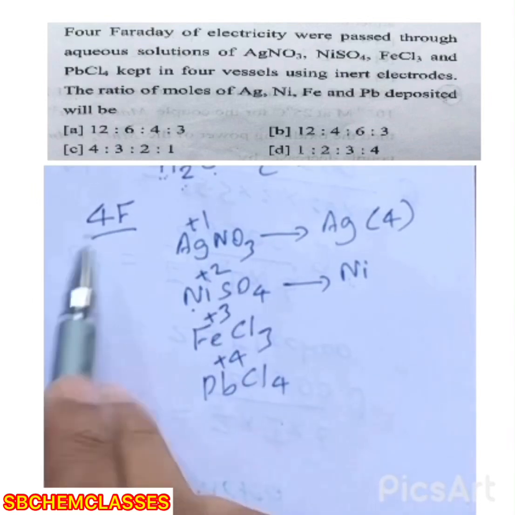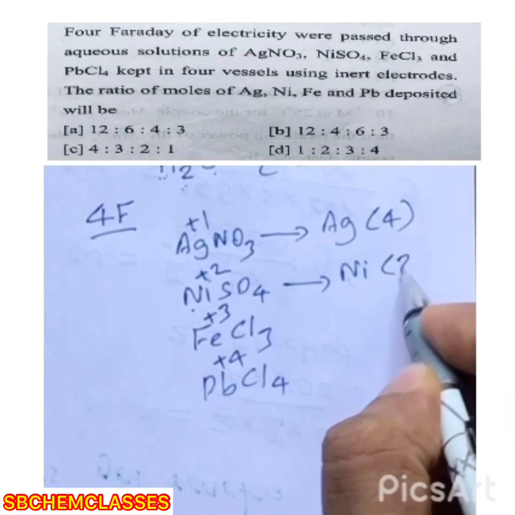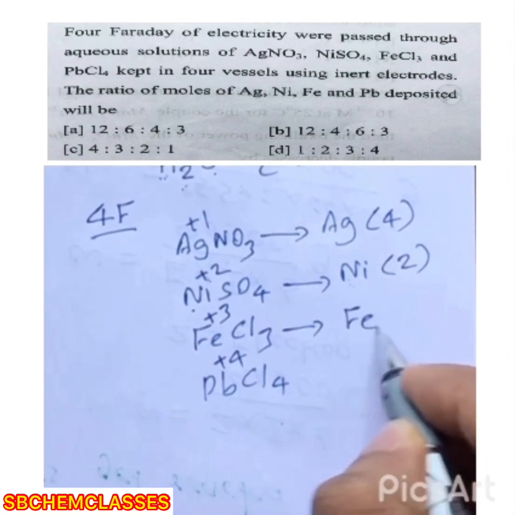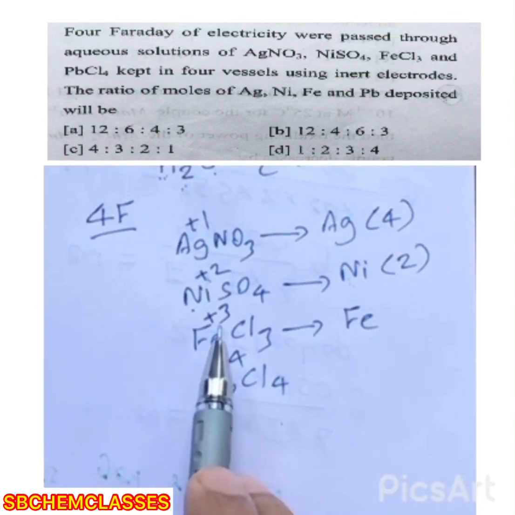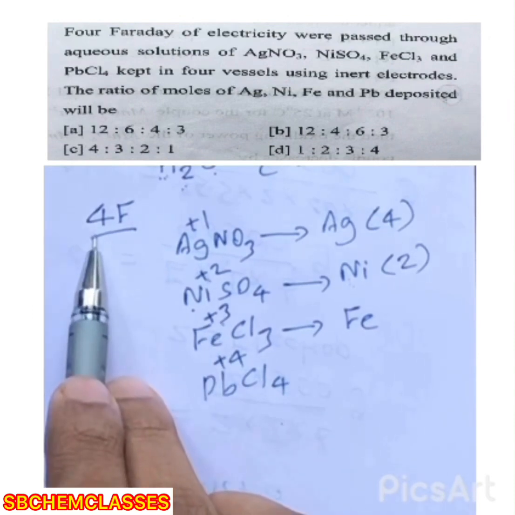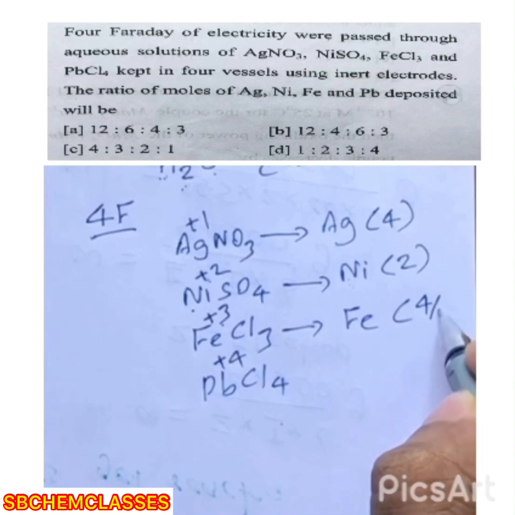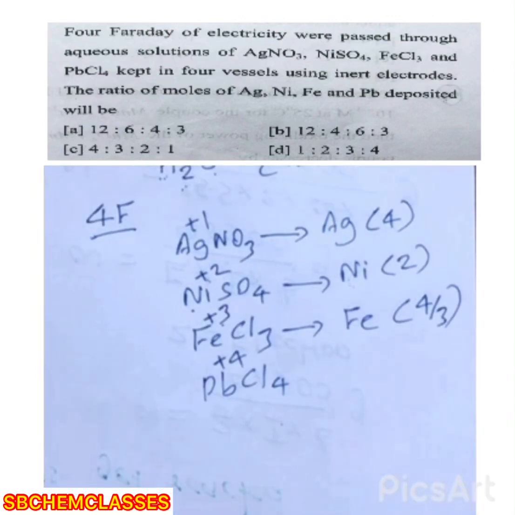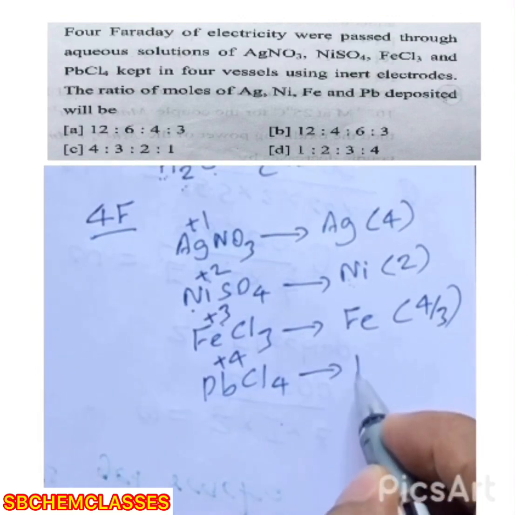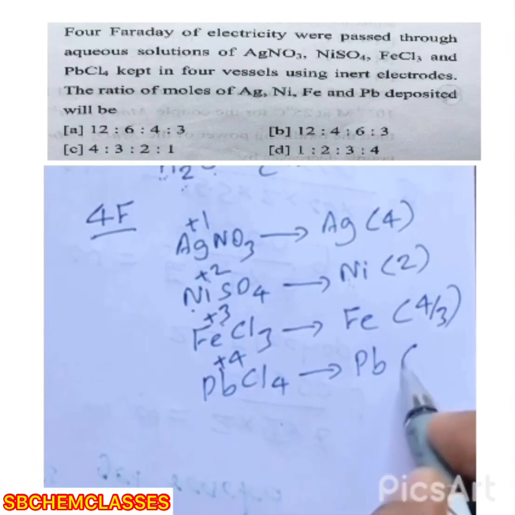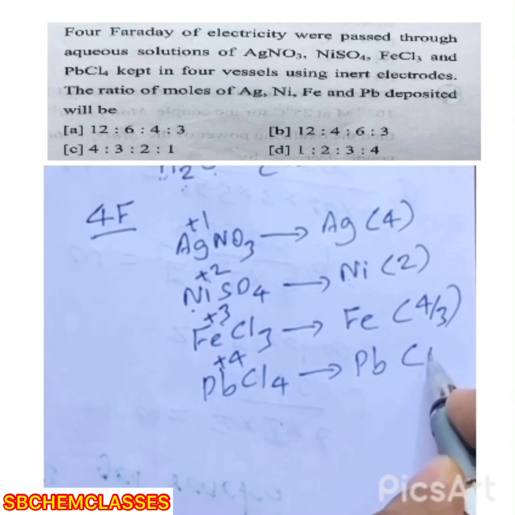By passing 4 Faraday, it becomes 2 mole. Similarly, FeCl3 is converted to Fe by 3 Faraday, but we provide 4 Faraday, so there will be 4 by 3 mole Fe. What about PbCl4? Its charge is plus 4, so to convert plus 4 to 0, 4 Faraday is required, that is 1 mole.